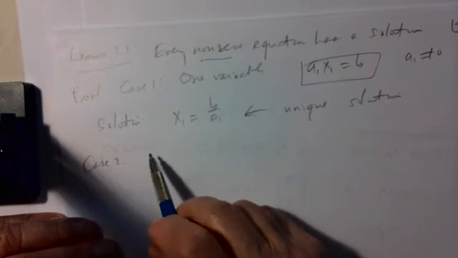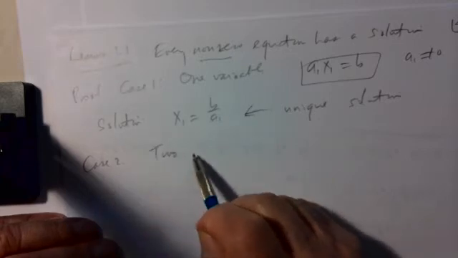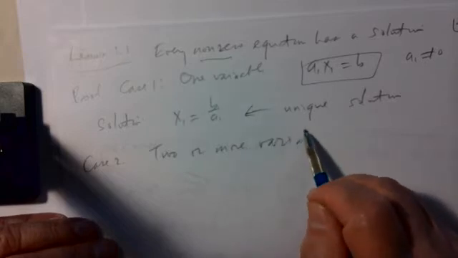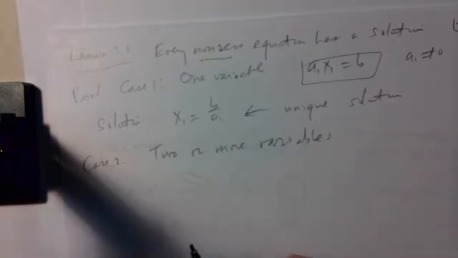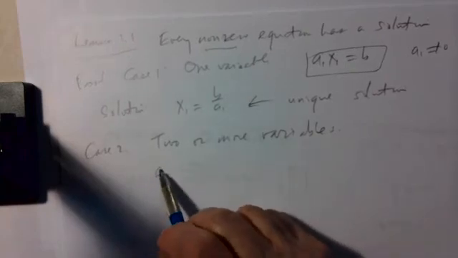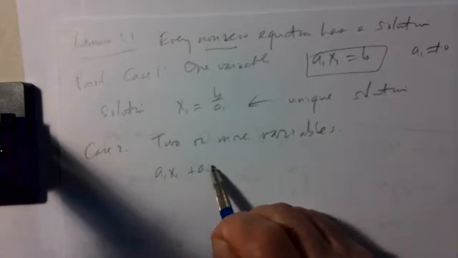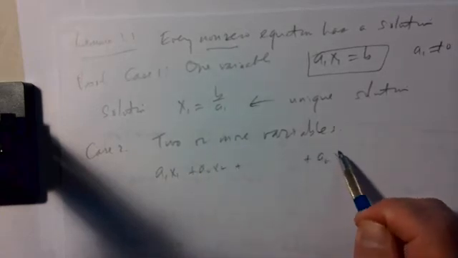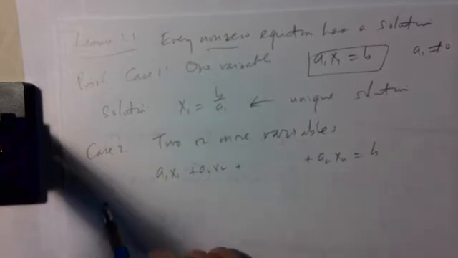And in the second case, you have two or more variables. So your equation looks like a1x1 plus a2x2 plus up to an(xn) equals b.